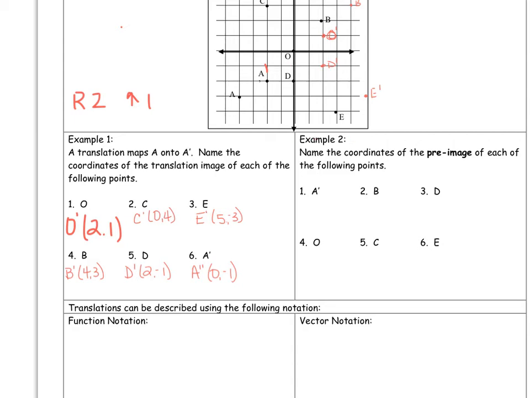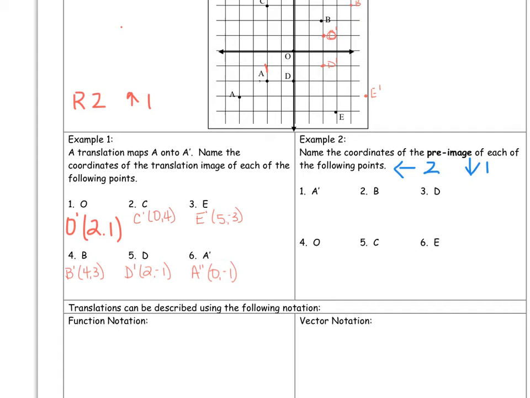So in example 2, we're going to name the coordinates of the pre-image of each of the following points. So A prime, if I want to know the pre-image, now we're going to go backwards. Before, we went to the right to go from the pre-image to the image, so we're going to do the opposite of this. So we would go to the left 2 from our point and then down 1.